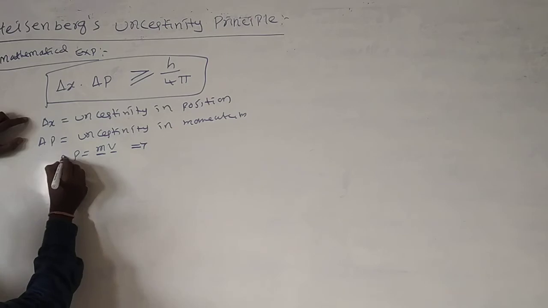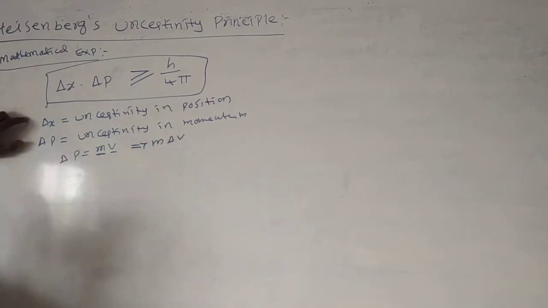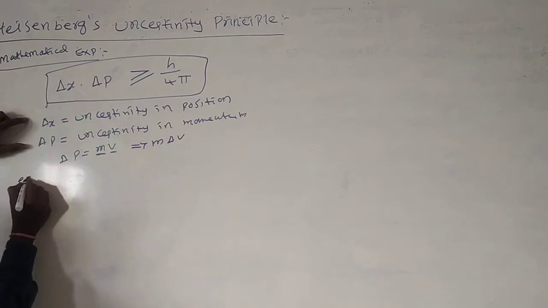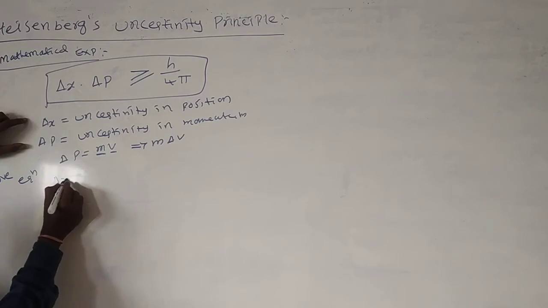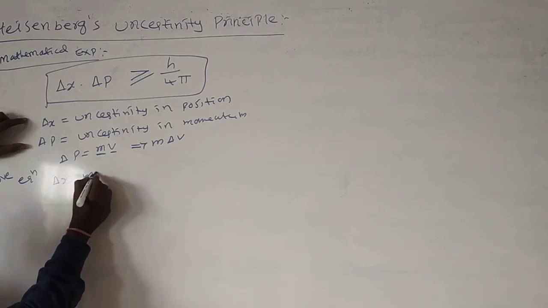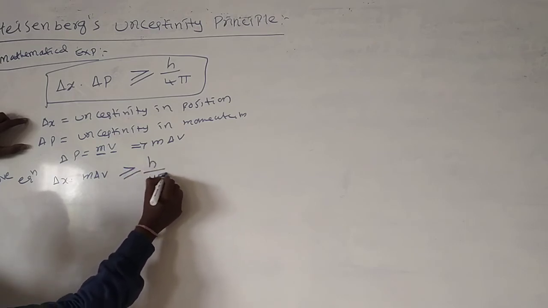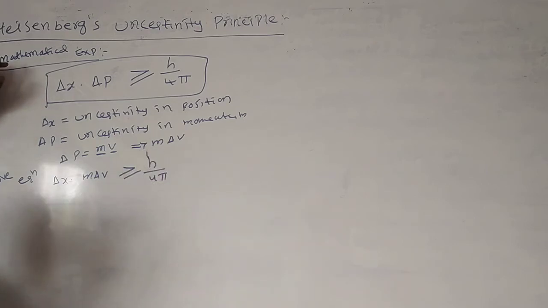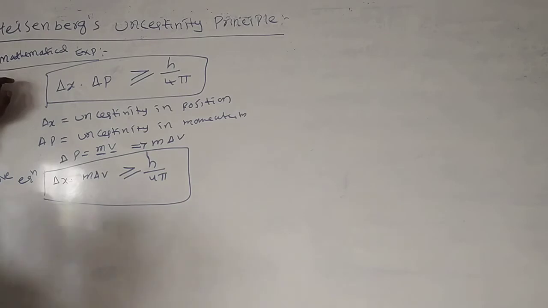So delta p is equal to m delta v. The equation becomes delta x into m delta v greater than or equal to h by 4 pi. This is one more mathematical expression of the Heisenberg uncertainty principle.